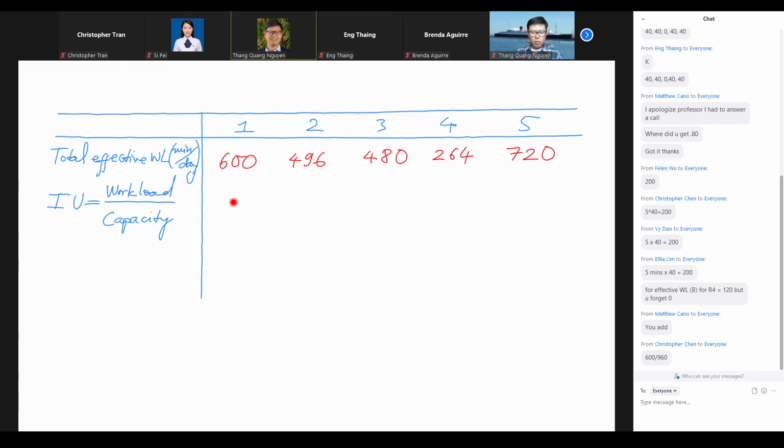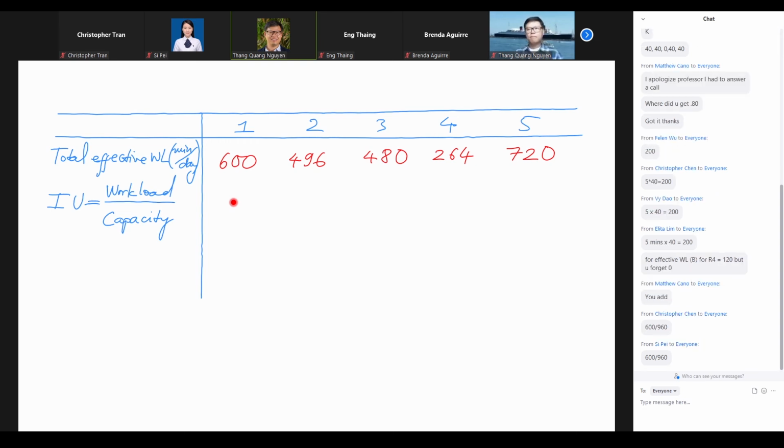So IU is the workload divided by the capacity. Right. Okay, good. I also got the same thing. Yeah, that is correct. I believe other students also see the same thing, right? So in this case, the capacity of station number 1 is 960.